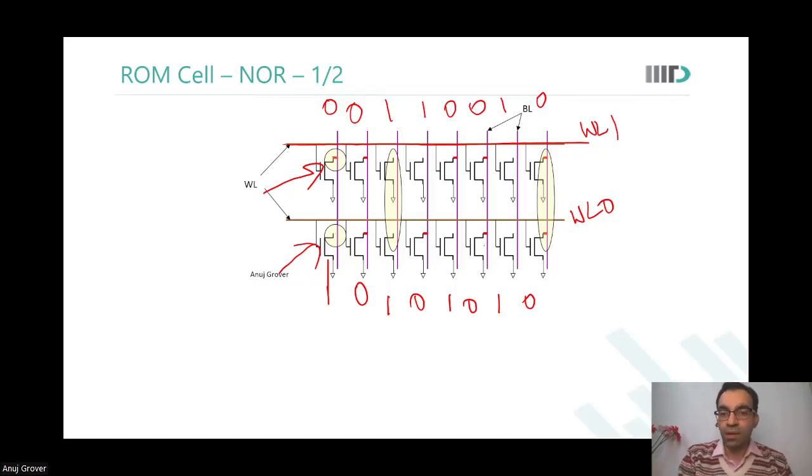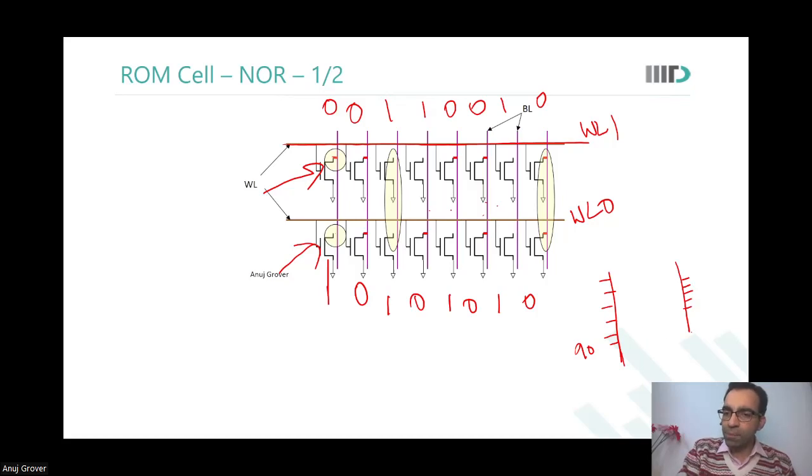Let us consider two columns. In these two columns, this one has a very high load on the bit line, and this bit line is not that high. Say in one column, 90 cells are connected to the bit line, 10 are not. In the other one, let us say 10 cells are connected to the bit line.